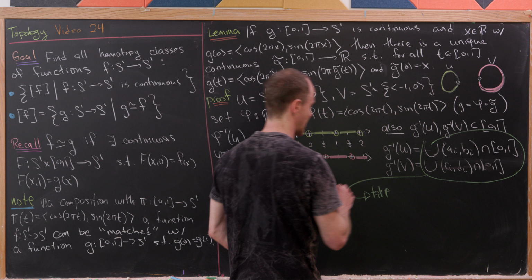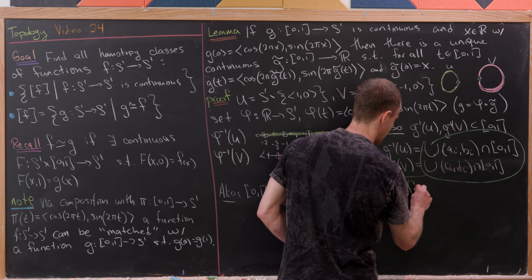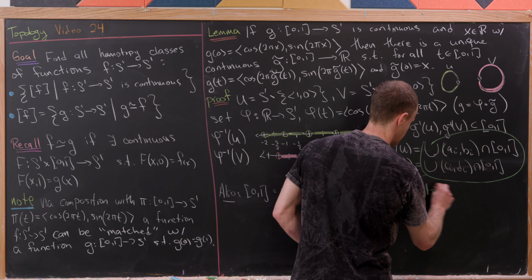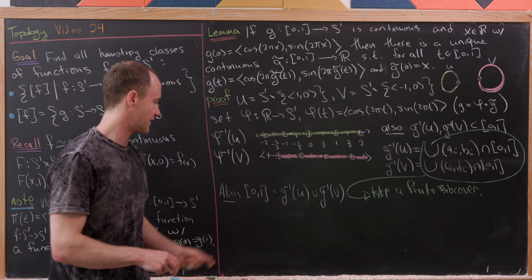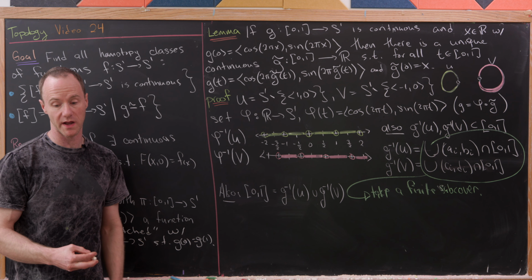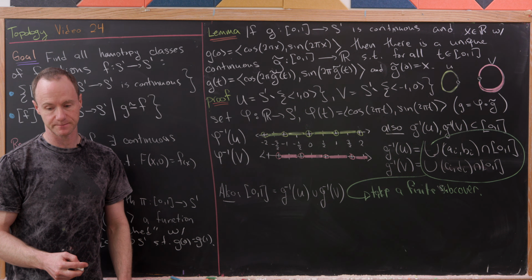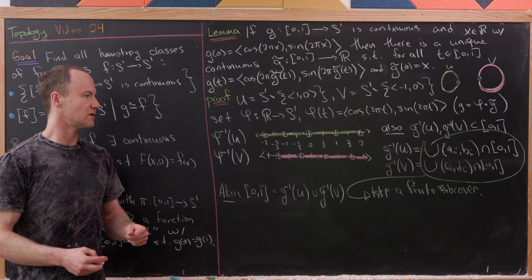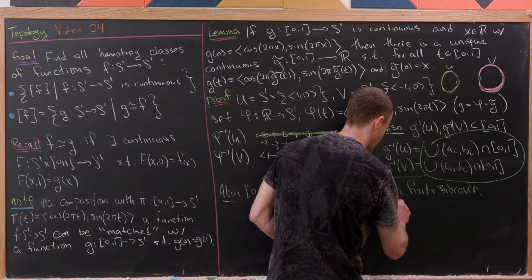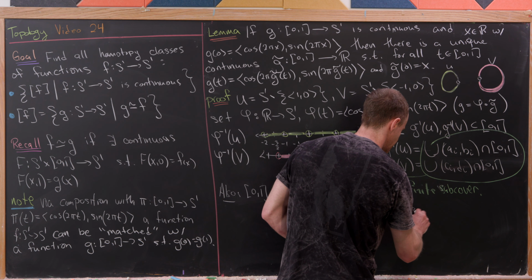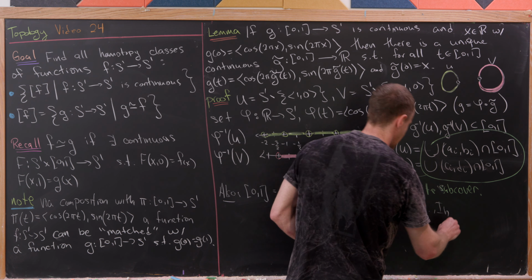So let's say that's what we're doing right here. We take a finite subcover, and again, we're using compactness of the closed interval [0, 1] to do that. Let's label the elements of that finite subcover I1, I2, all the way up to IN.